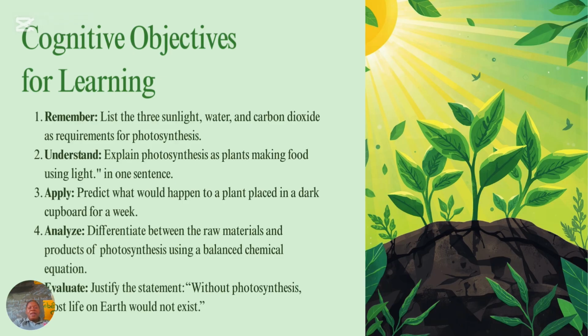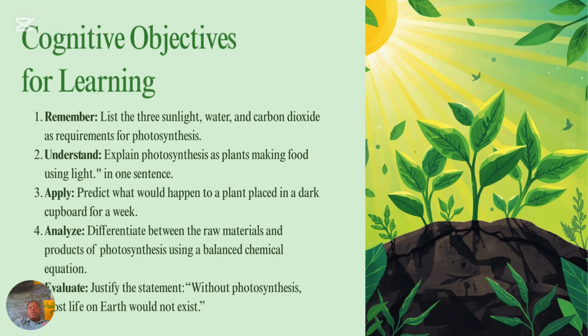Students begin the lesson by recalling the three requirements for photosynthesis, which are sunlight, carbon dioxide, and water. Followed by deepened understanding, applying the knowledge: what will happen to a plant that is placed in a dark cupboard for a week.